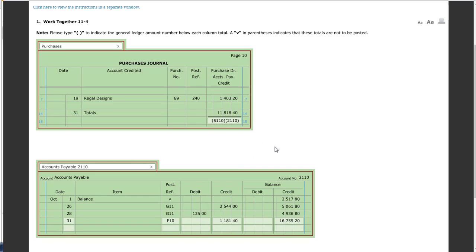So I have posted my accounts payable amount, except I have the wrong number here.